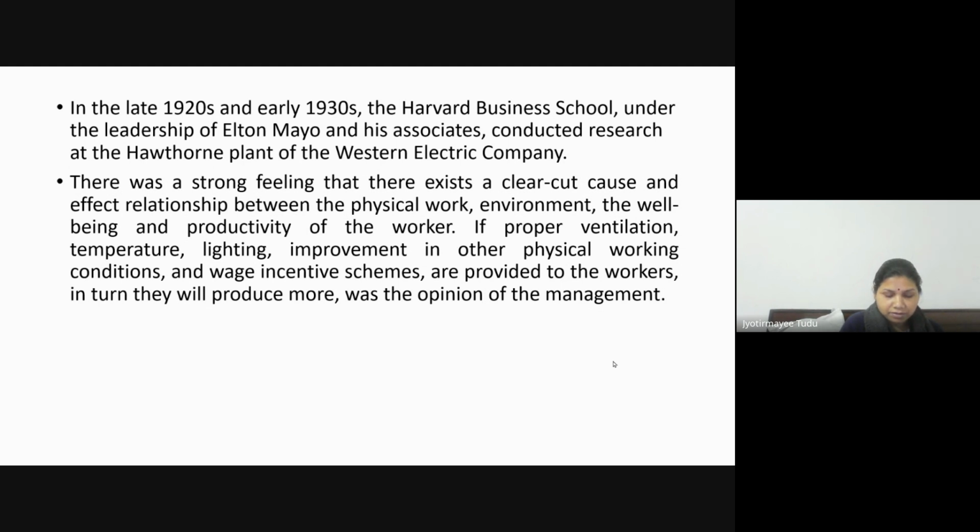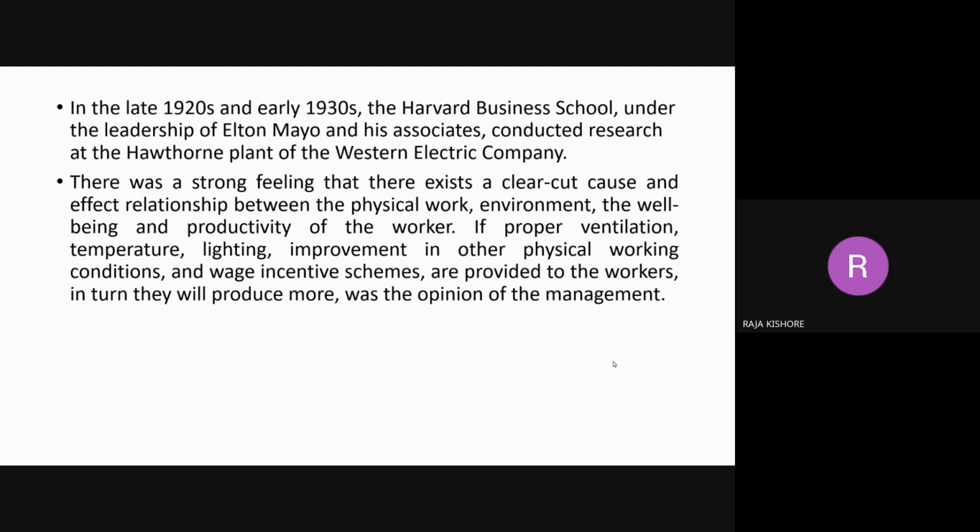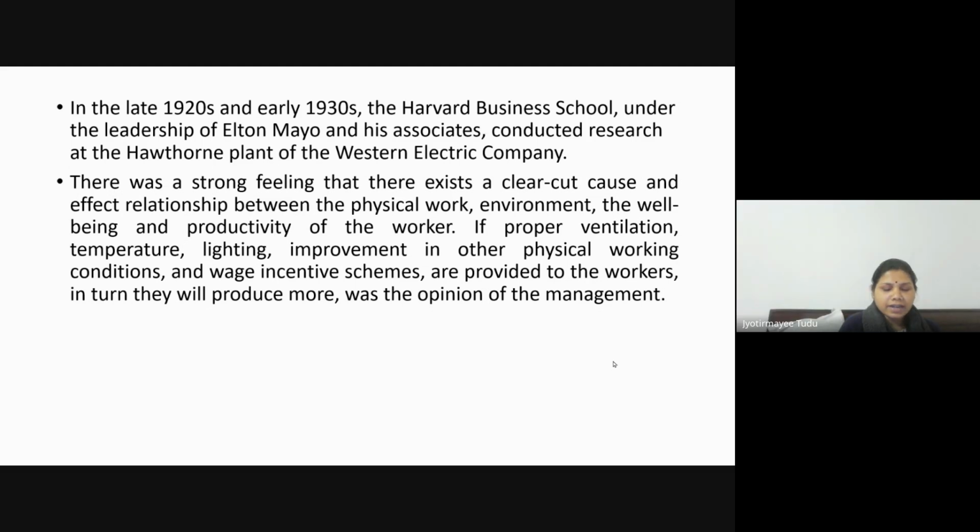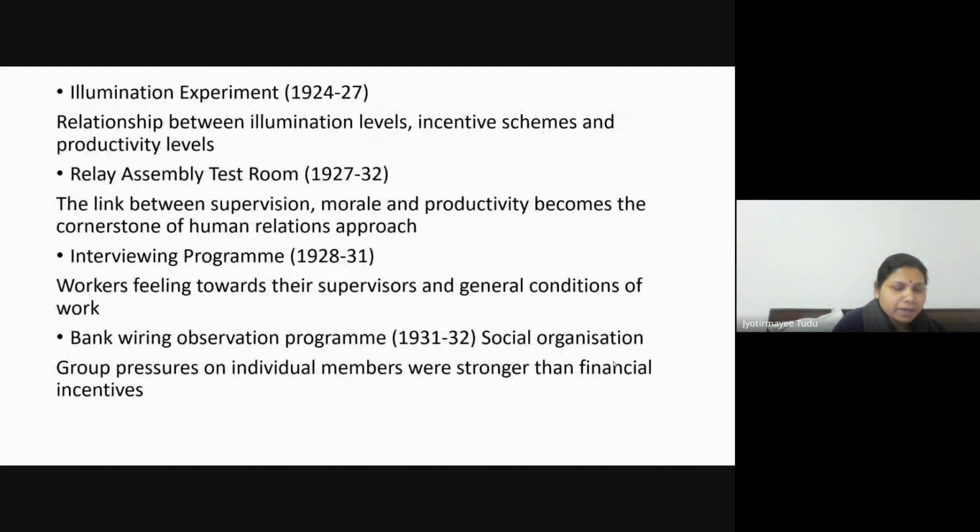Okay, so going by this understanding, the experiment had started. If we take into account the Hawthorne experiment, basically these are the 4 phases. In your material, you will get an elaborate understanding of it. I have not done so much elaboration in the slide, so I'll just discuss it.